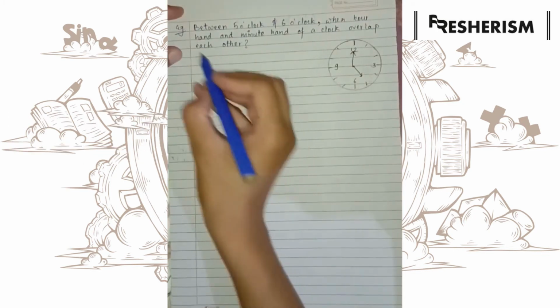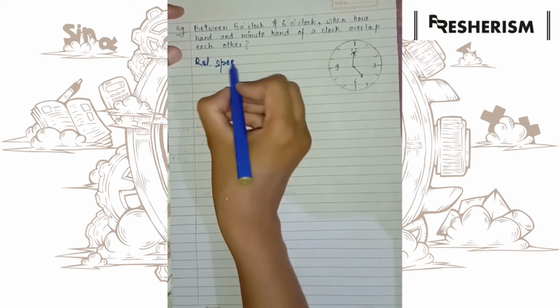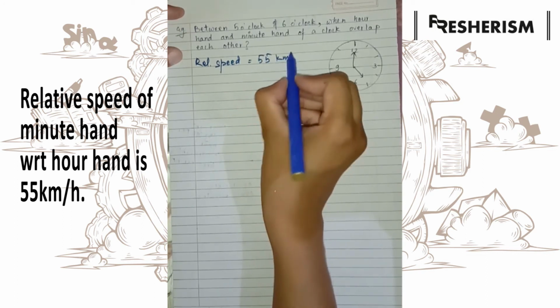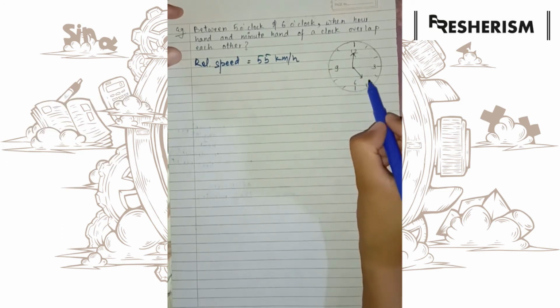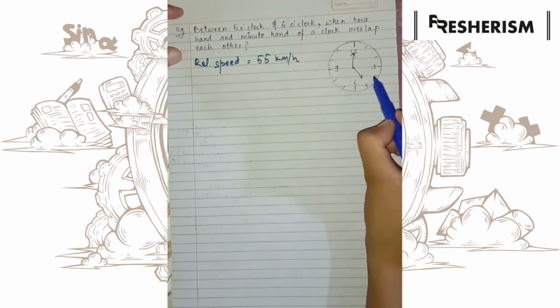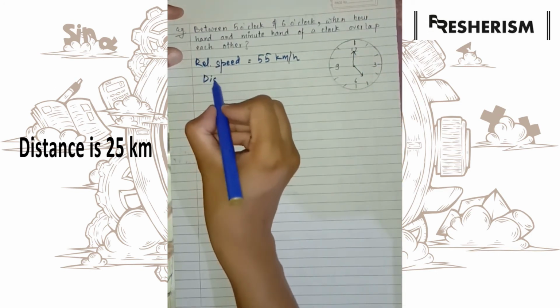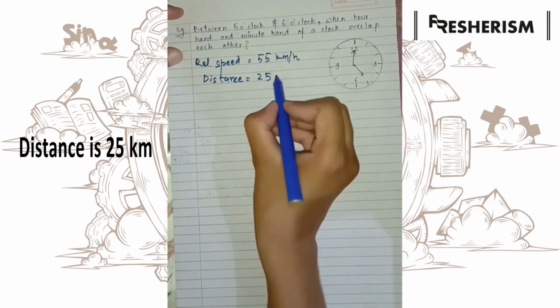Now we know that the relative speed of the hands is 55 kilometers per hour, and the distance between the two hands when the time is 5 o'clock will be 5, 10, 15, 20 and 25. So the distance we have is 25 kilometers.